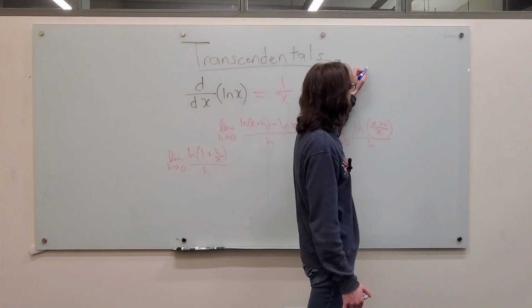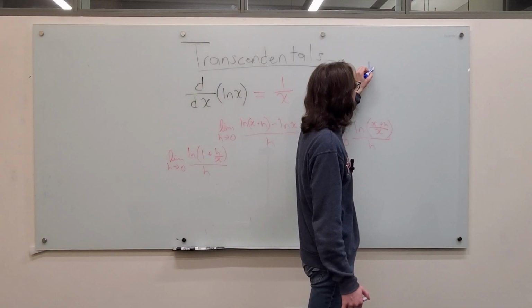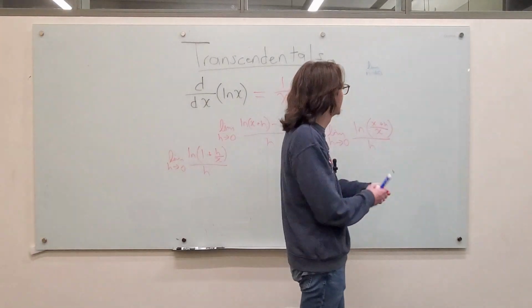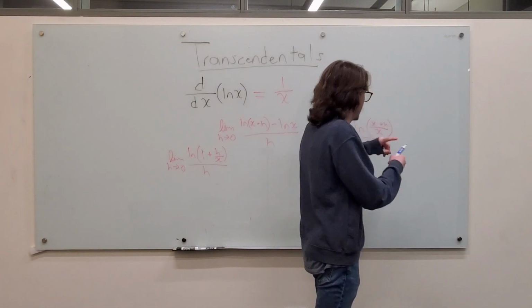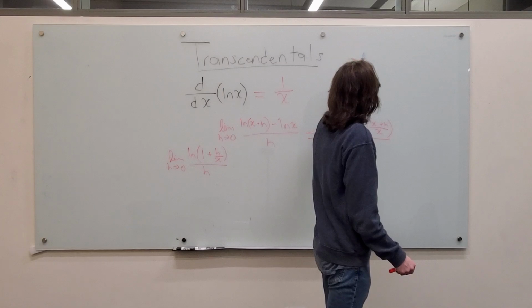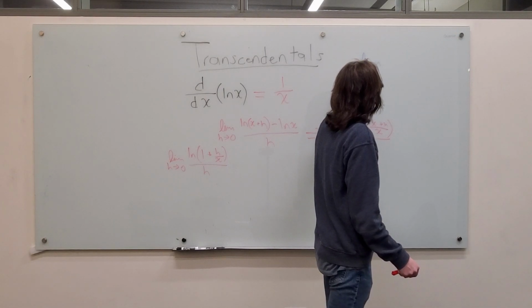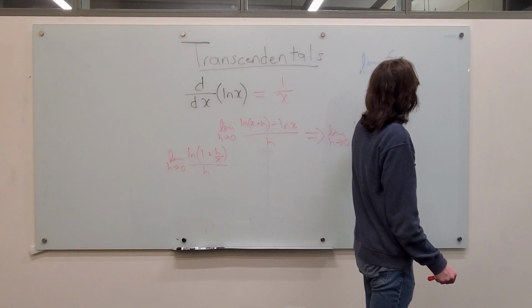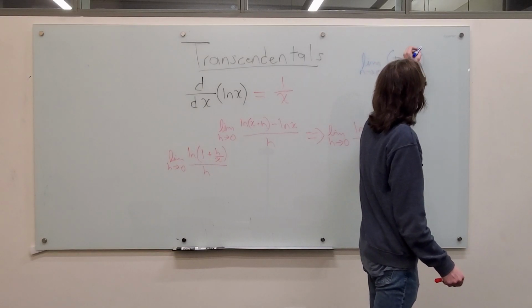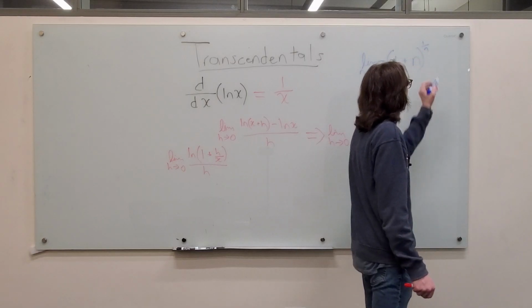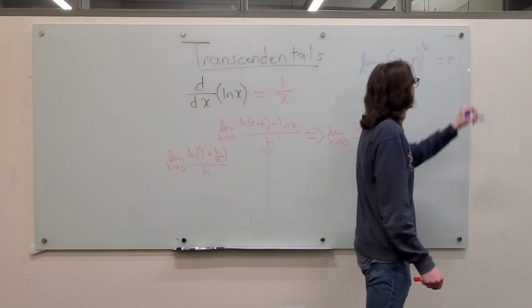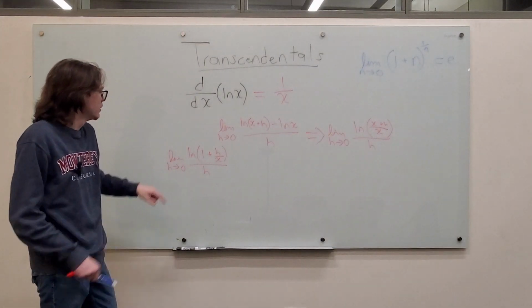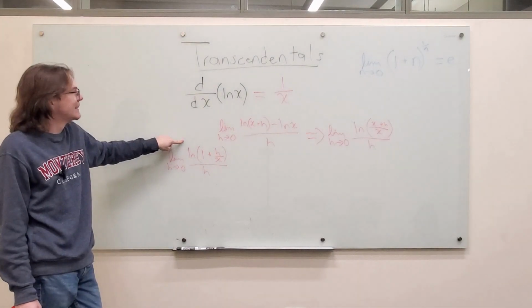The definition of Euler's constant e is the limit as n goes to 0 of 1 plus n all to the 1 over n power. That is Euler's constant.